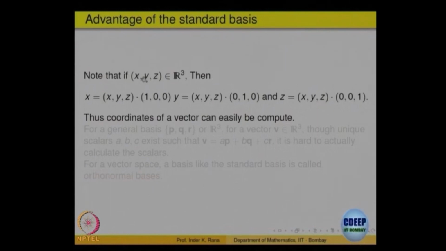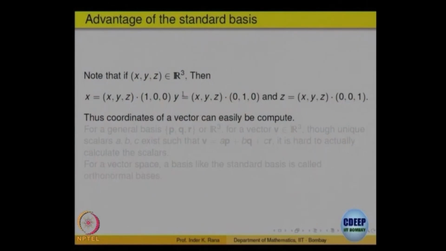What is the component y? The vector (x, y, z) dot (0, 1, 0), and the third one is (x, y, z) dot (0, 0, 1). So, if I take the dot product of any vector with each one of them, I get the coordinates of that vector. That is the advantage. Otherwise, how will I get the coordinates if it is a general basis?